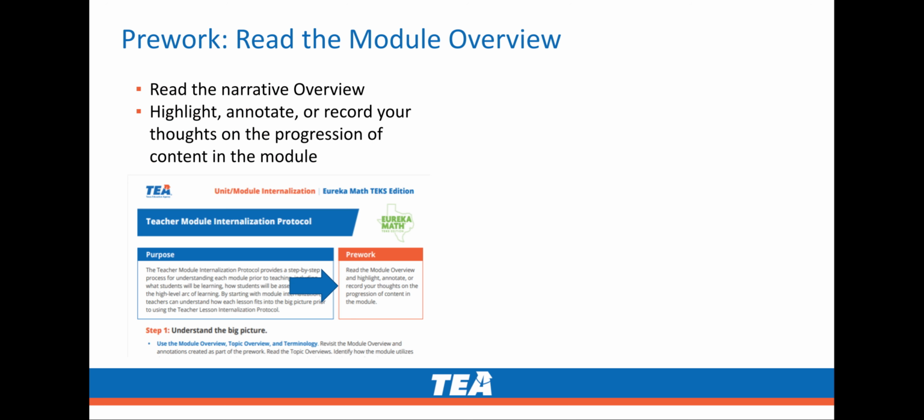However, to respect your time, we did not assign pre-work. We're going to give you time now to read the narrative overview at the start of the module. As you read, there's a space in your guided notes to capture your thoughts. I'm going to model the first grade, but if you'd rather do your own grade, that's totally cool. So let's go ahead and pause, give yourself about 5 minutes of reading time, and then let's bring us back together.